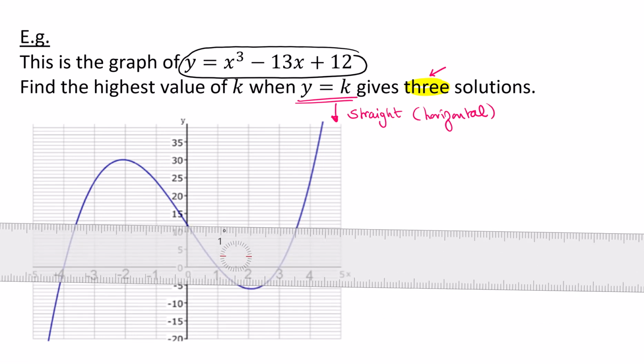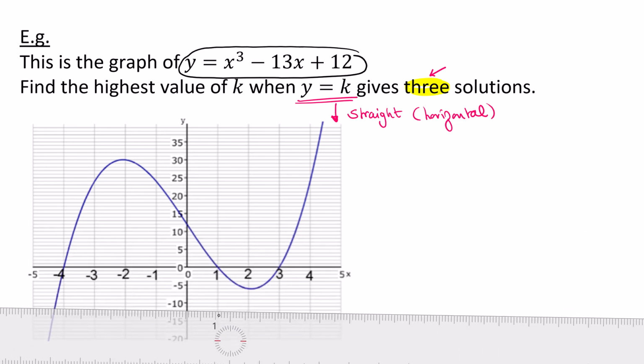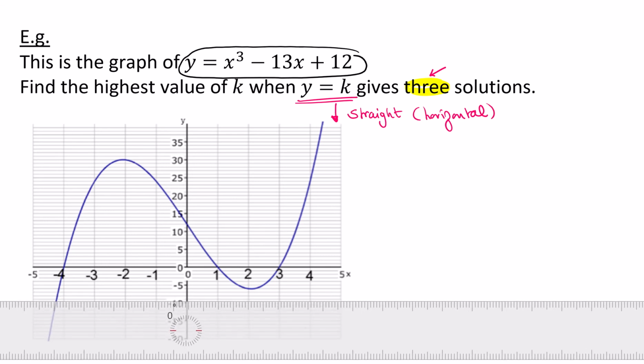Here, let's start there at the very bottom. If I draw a line there, you can see from my ruler that it only cuts the graph once here. That's not what I want.